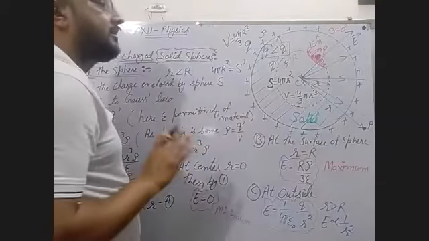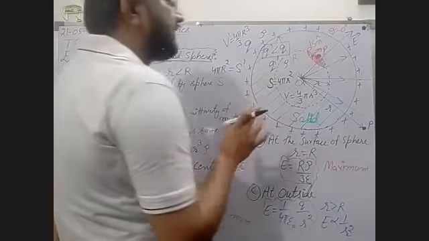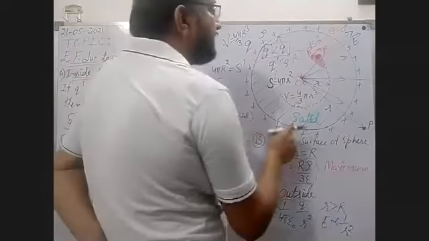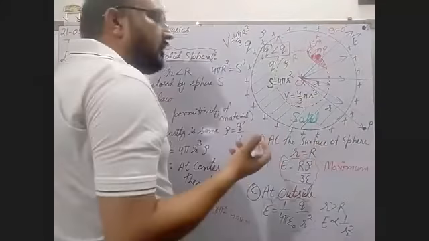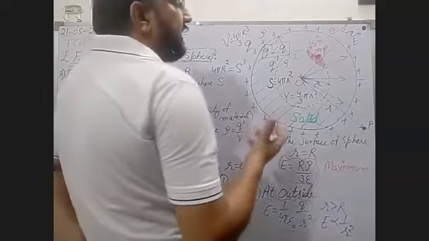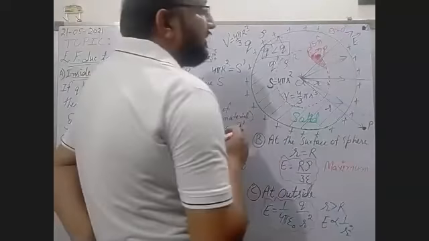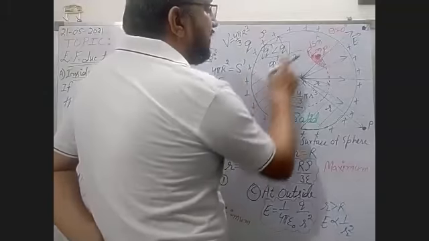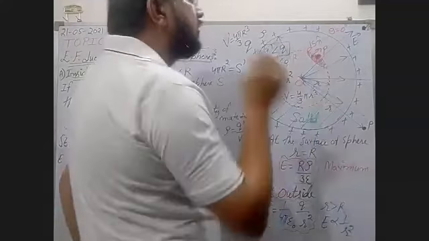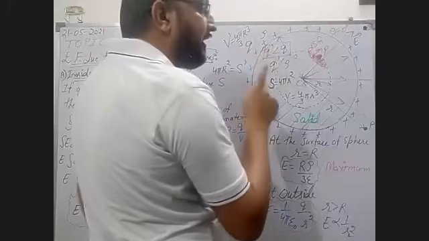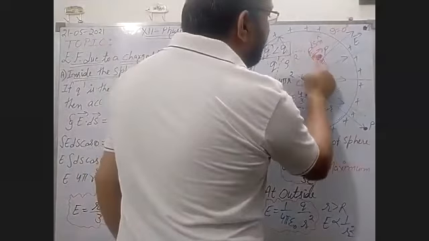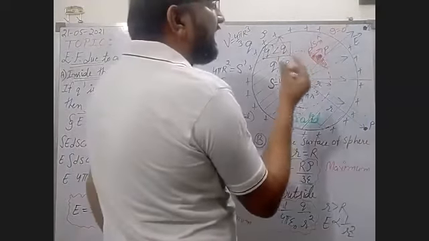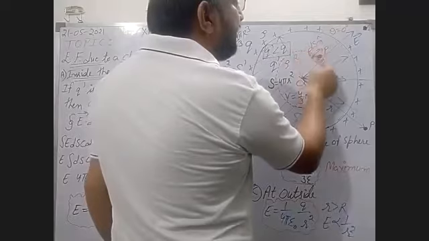Now there are two kinds of sphere. One is the main sphere which is charged, and the other is our consideration sphere where we have to find the electric field. Here we are considering a small area element dS, a surface element dS.